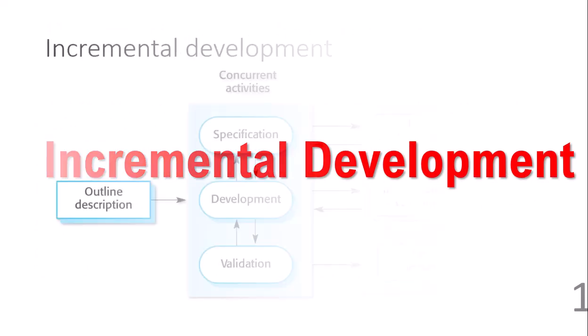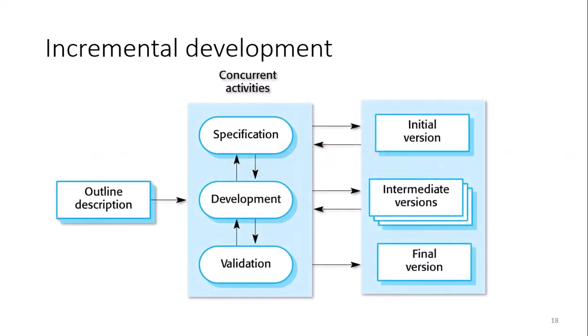Now come to the incremental model. This is the basic structure of the incremental model, where based on the outline description, specification, and requirements, the specification of the software is finalized, or we can say the specification document is finalized. Then based on the specification, we develop or implement the software, and then come to the testing or validation phase, where the end product is tested.